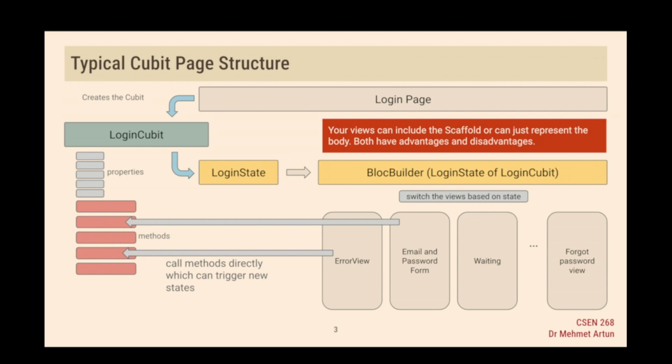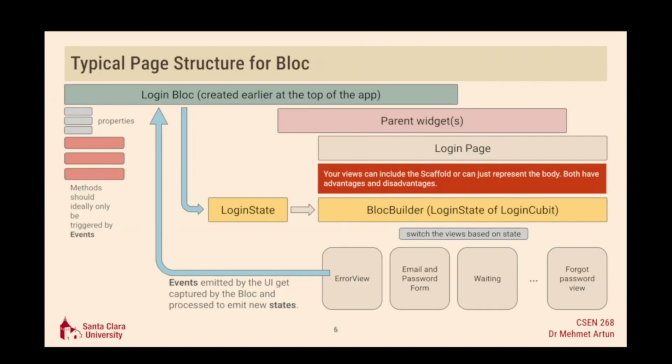The block is not that different, but if you remember the qubit structure, now these guys, they are no longer calling the methods directly. So these user interactions are only creating events, and events are added to the block. And the block has a mechanism to convert those events into method calls, right?